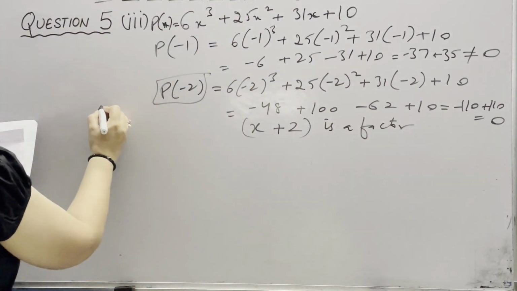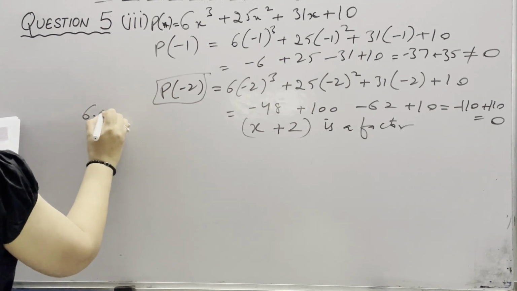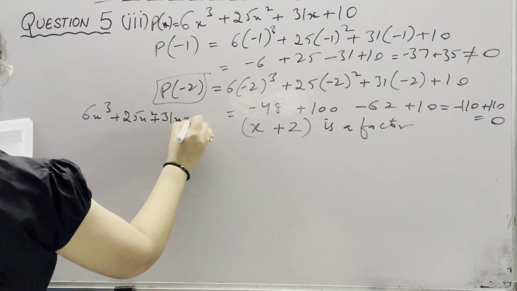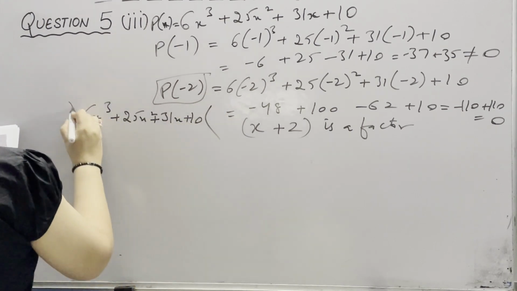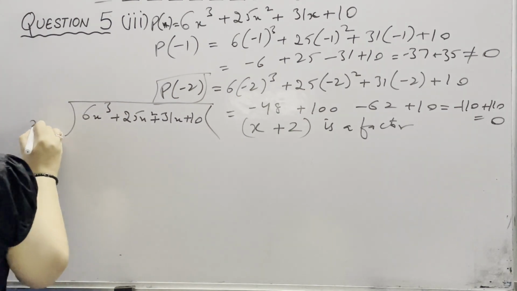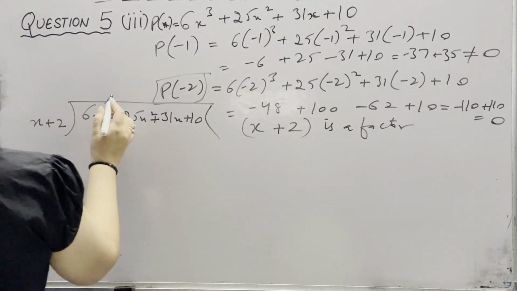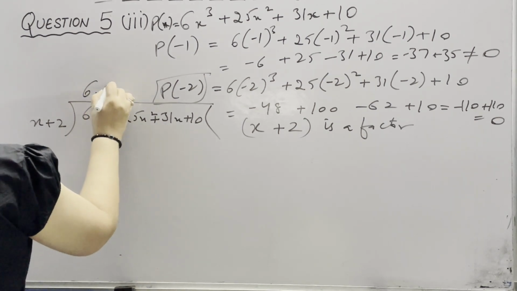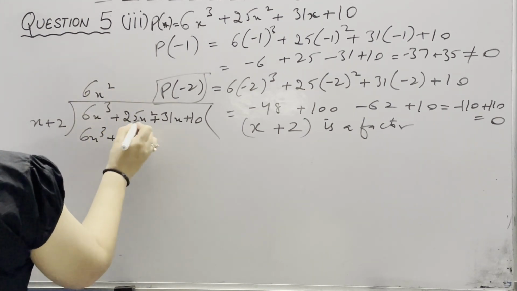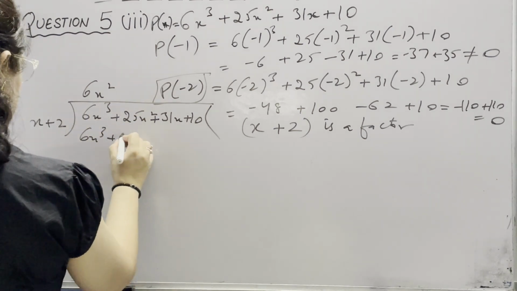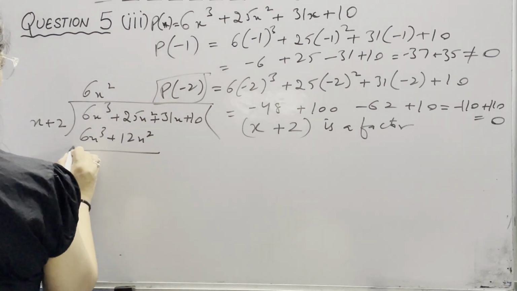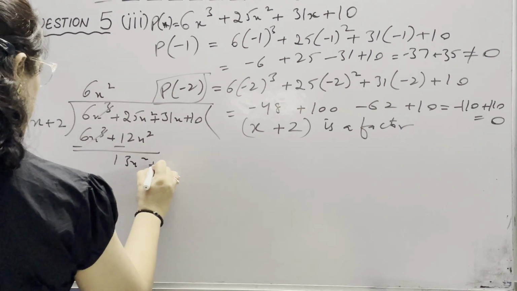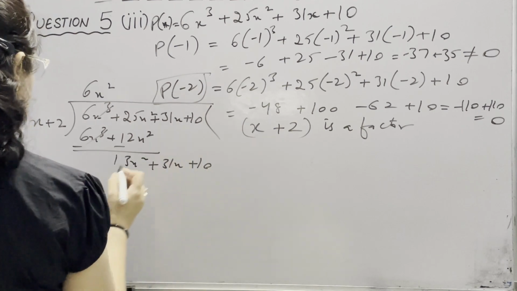Now we need to divide 6x cube plus 25x square plus 31x plus 10 by x plus 2. Now 6x cube divided by x, it means 6x square. Multiplying, 6x cube plus 12x square; 25 minus 12 is 13x square plus 31x plus 10.